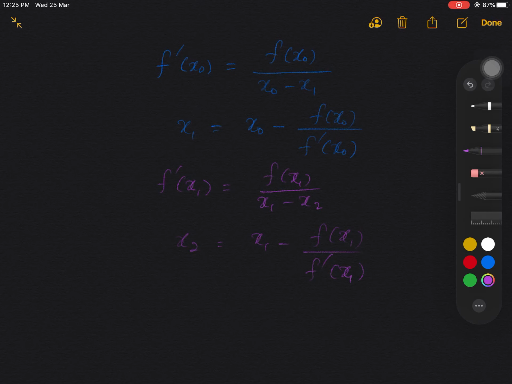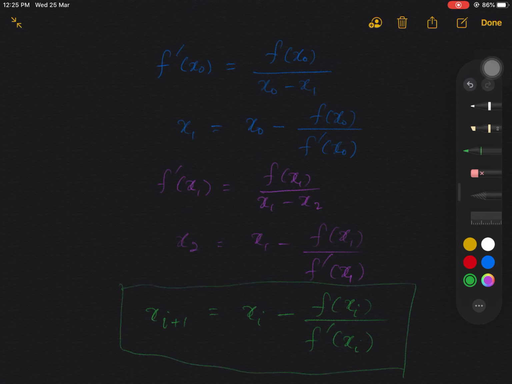So we can conclude that the algorithm for Newton-Raphson is x i plus 1 equals x i minus f x i divided by f prime x i. So this is the equation for the Newton-Raphson algorithm.